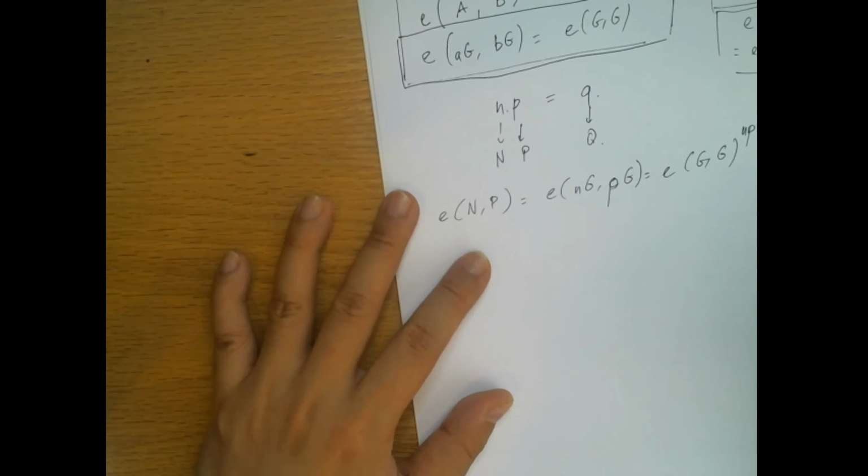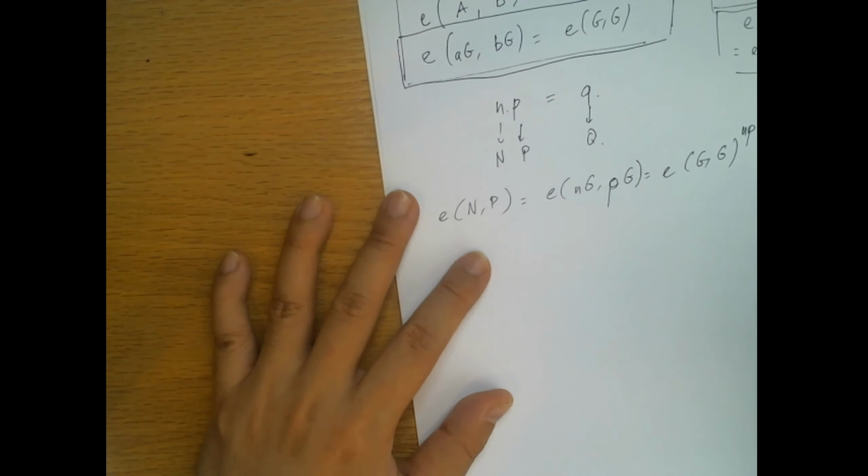And if we do E of Q and G, then it's equal to E of G G to the power Q.